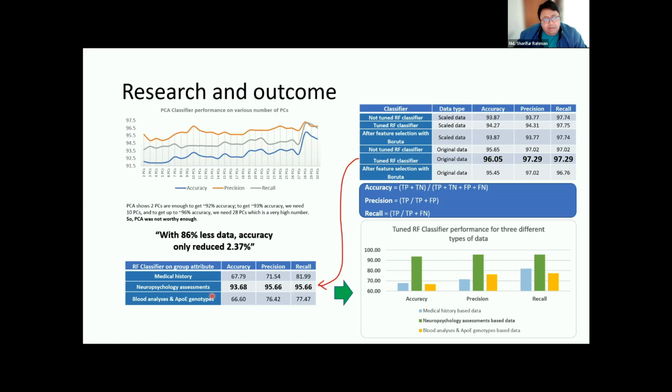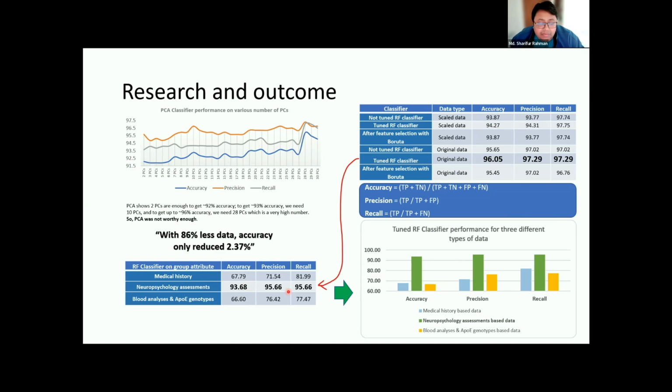With only the medical history data, we could get 67.21 point something, and the recall was 82%. But with neuropsychology assessment, we could get 93.68% accuracy.